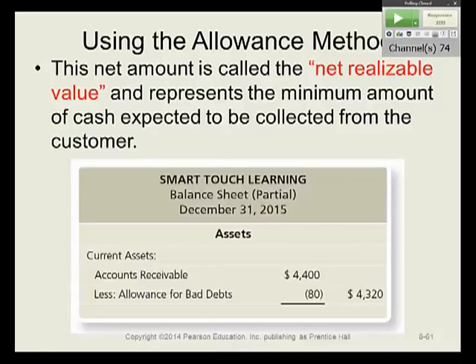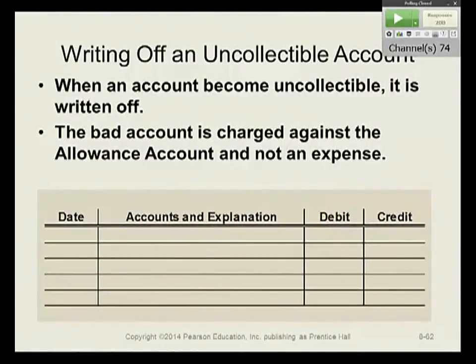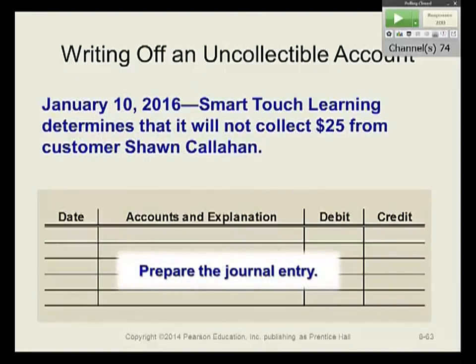You don't have to expense it again. So when we take a look at a potential write-off, when an account is deemed to be a bad debt, we don't write it off against an expense, we write it off against the allowance. The allowance account is there as a cushion, a fallback. You set that up to absorb the losses. So let's assume that we now have someone with a $25 uncollectible account.